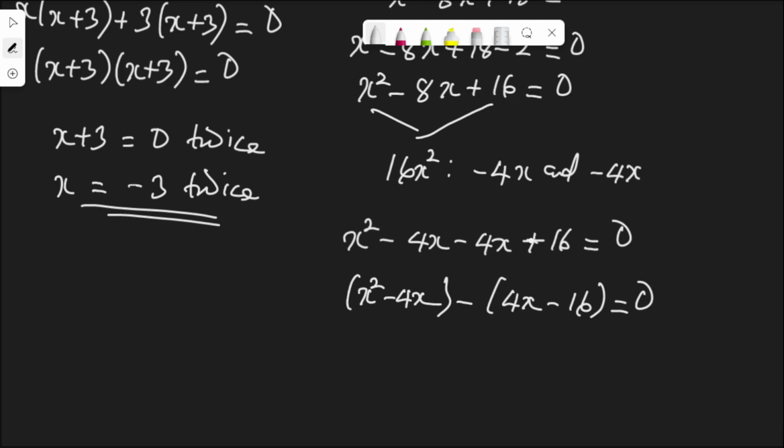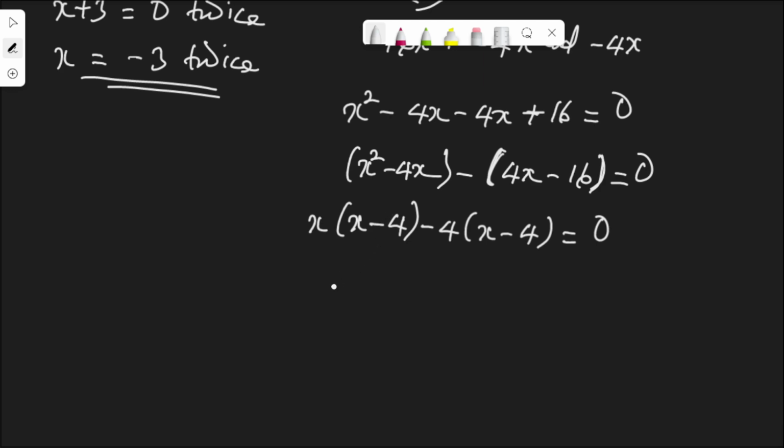This plus changed to minus because of the bracket we introduced, so that when we remove the bracket, minus times minus should equal plus. In the first bracket, x is common, I have x minus 4. In the second bracket, minus 4 and x minus 4 equal to 0.